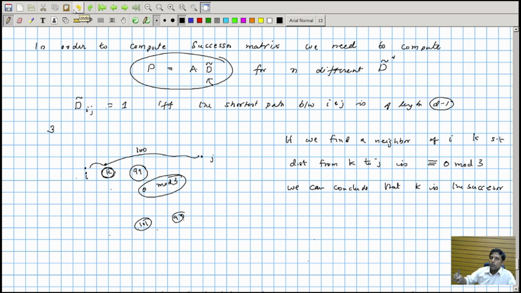So instead of computing d tilde for all the possible distances, we need to compute d tilde only for 3 values: we look at the distance matrix and the distances mod 3. The modulus values 0, 1 and 2 are the only information required.